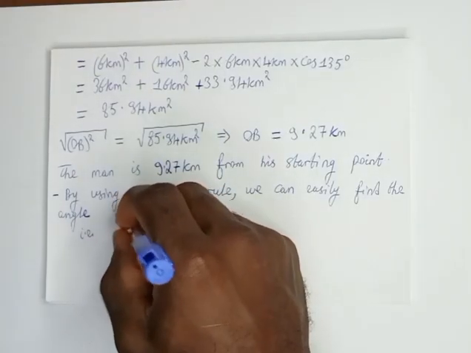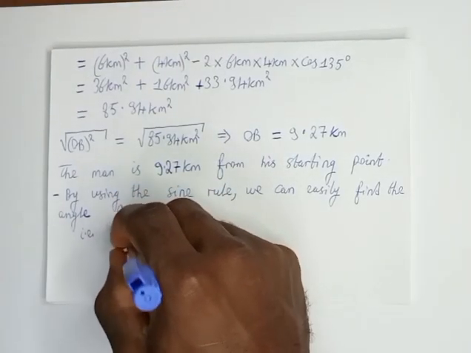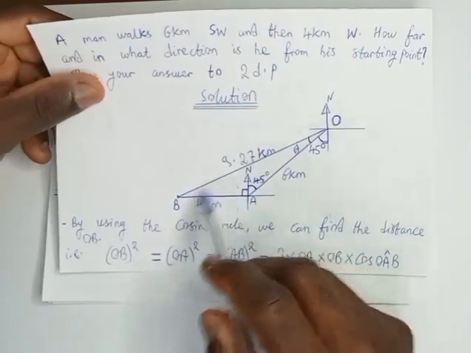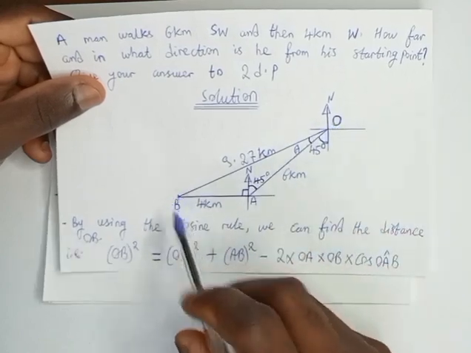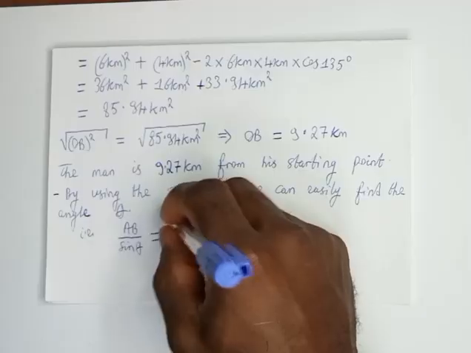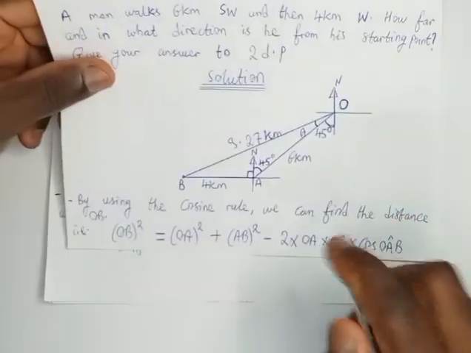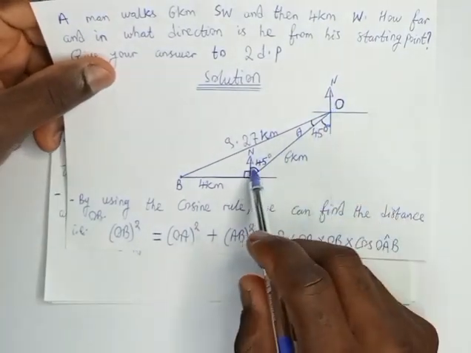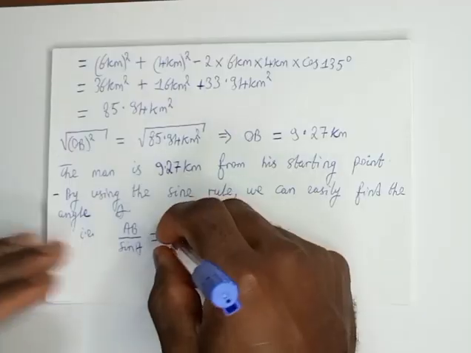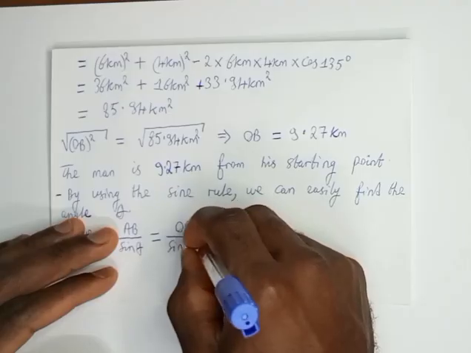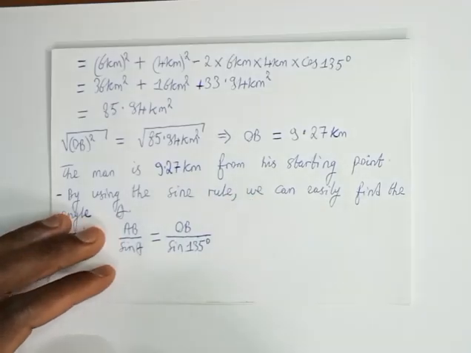Making use of the sine rule, this will give us AB over sine theta, which is equal to OB all over the sine of this angle, the sine of 135 degrees.